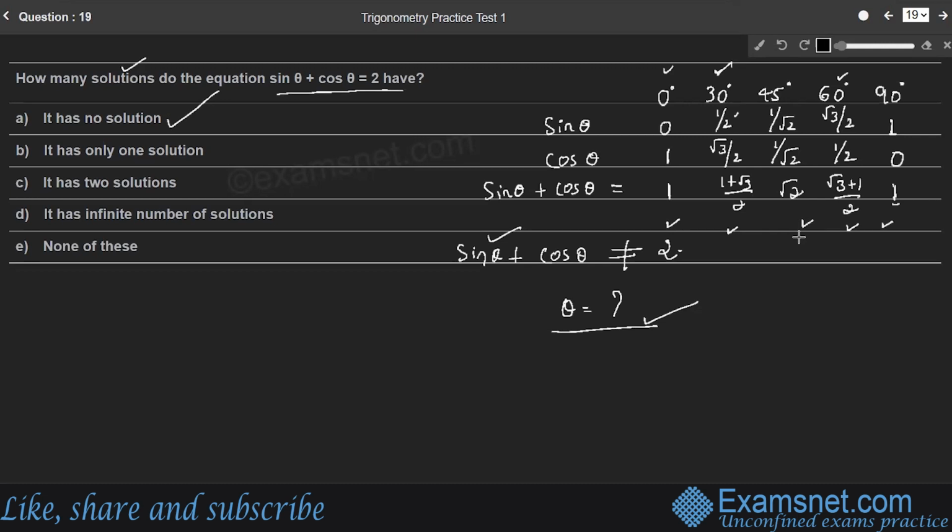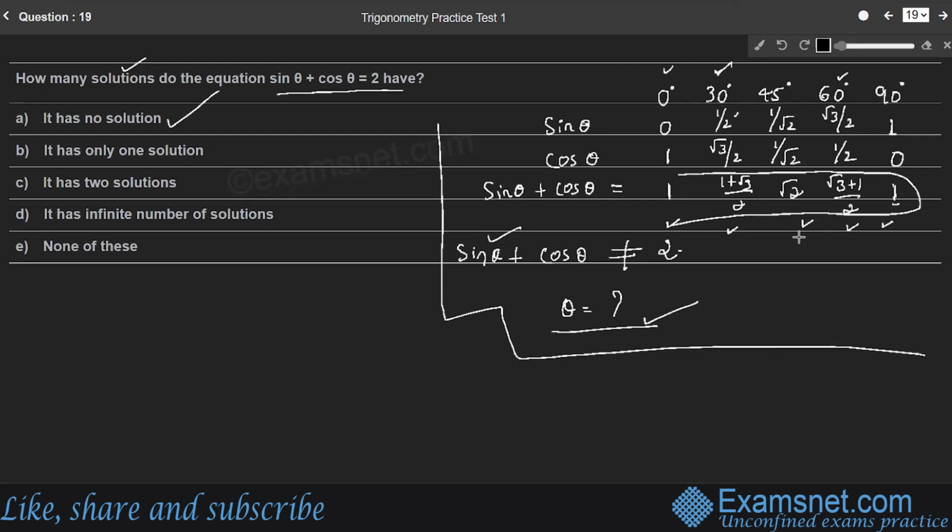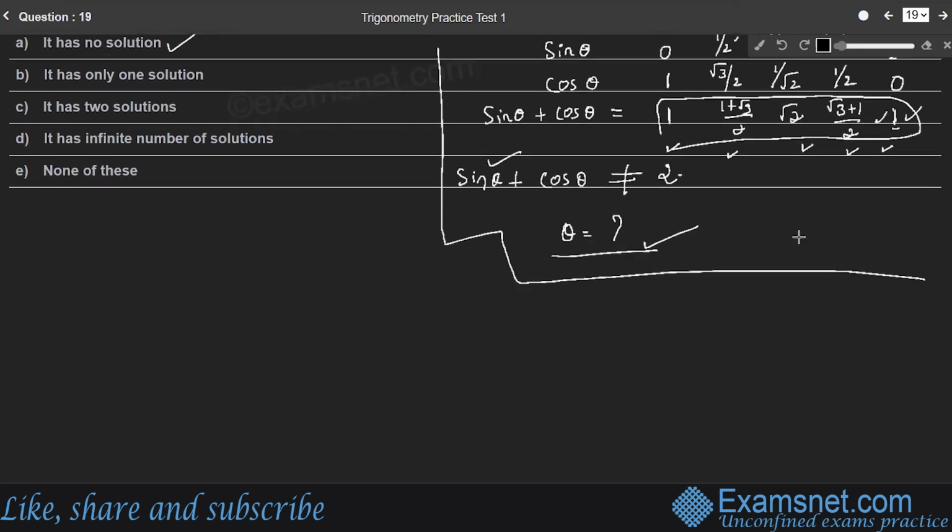So another method is, I'll write here only. By these values of sine theta plus cos theta, 1 and 1 plus root 3 by 2, for all these values, we can conclude that sine theta plus cos theta lies between minus root 2 and plus root 2.